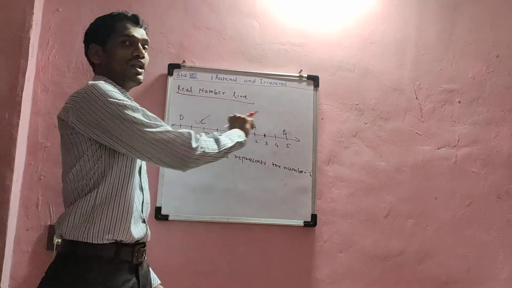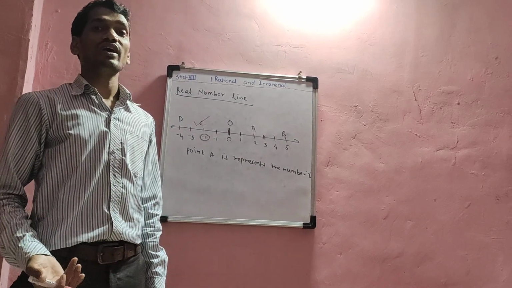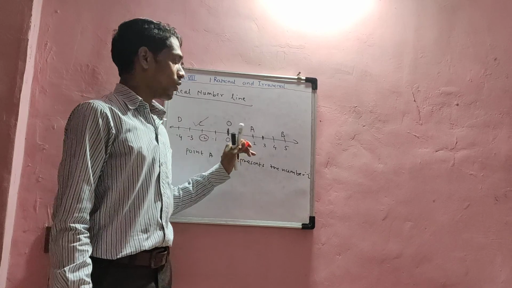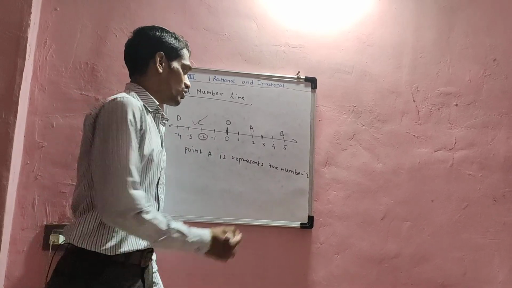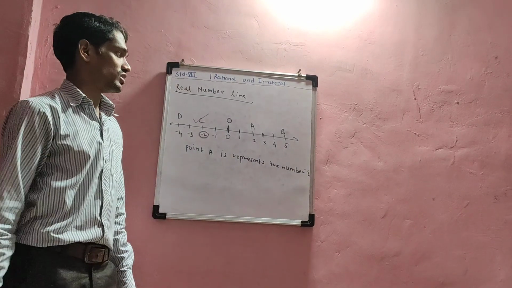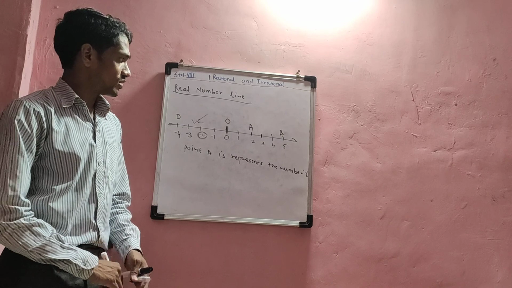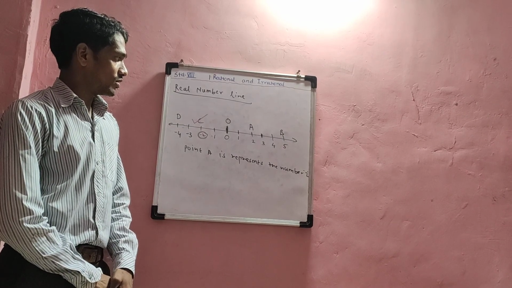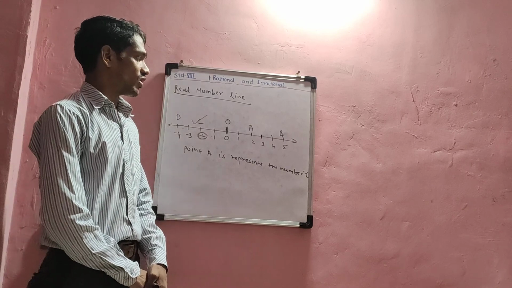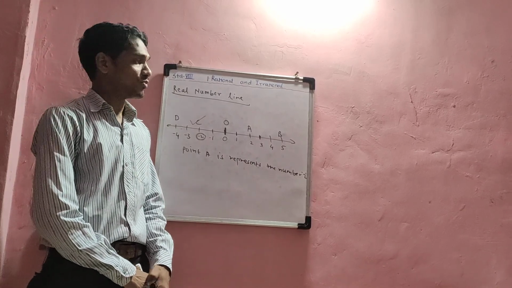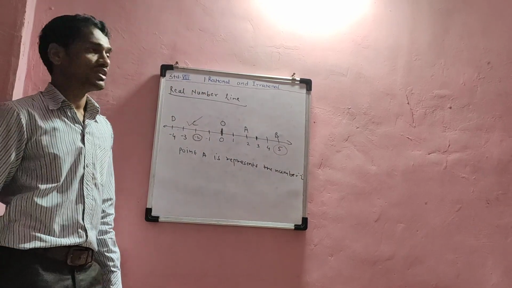If you are given the line, then you have to identify the points which represent the numbers. So if I ask the question, number 5 is represented by which point?